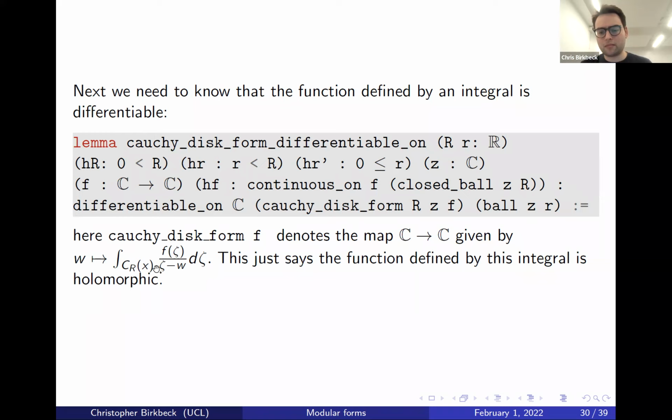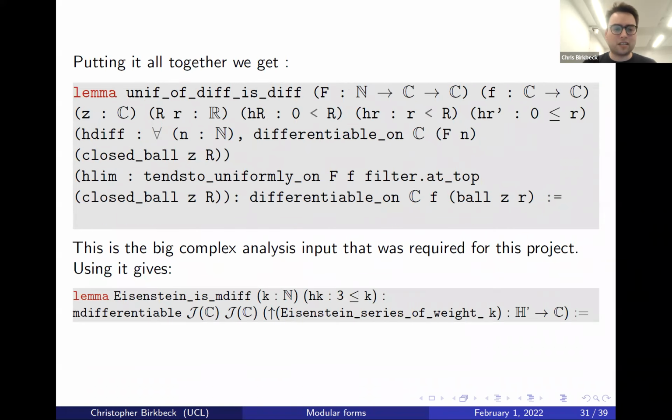And this is enough. By localizing over all of these closed balls, this will be enough to glue together to get the full result. These two results together give you this: uniform of diff is diff.